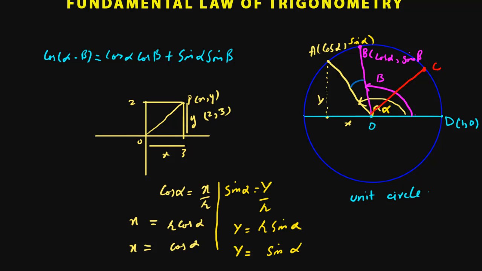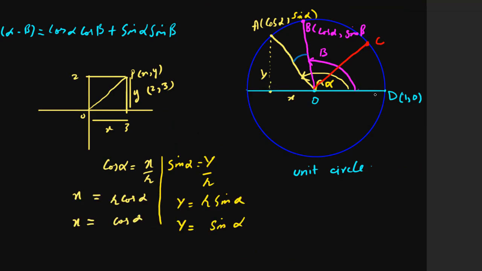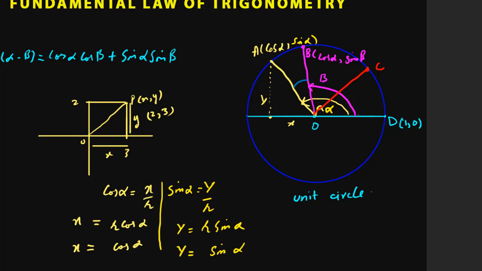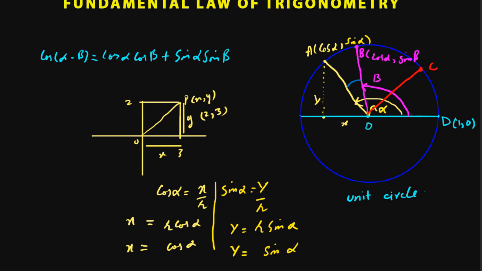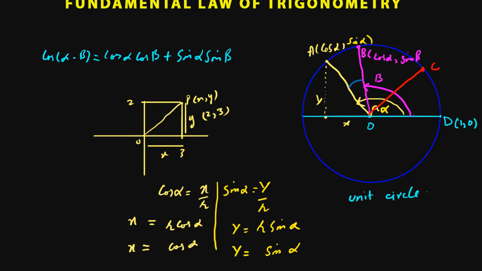Since alpha is coming till A and beta is coming till here, when we minus beta from alpha, we will get this angle. Now that is beta. I'm taking minus from alpha, it means that area will be cut down, and what remains is alpha minus beta.